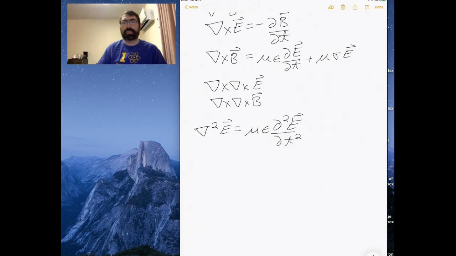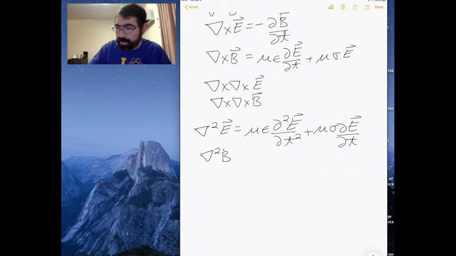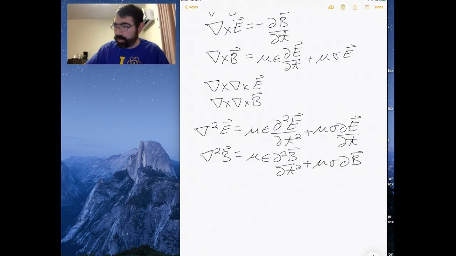So that's the same equation we got for the insulator, but we now have a first order time derivative included. And the same thing is true with the magnetic field. Again, I'm not going to go through that derivation, but what you find is you get this first order time derivative in the equation. So this is our new wave equation. This is the equation we have to solve.